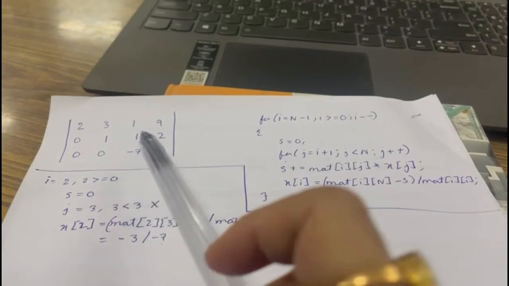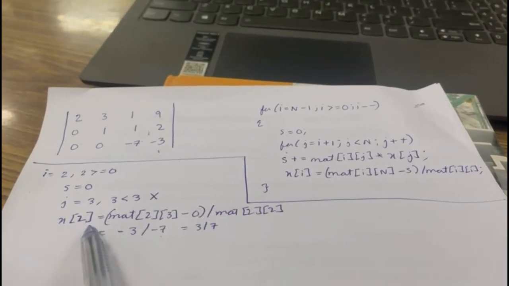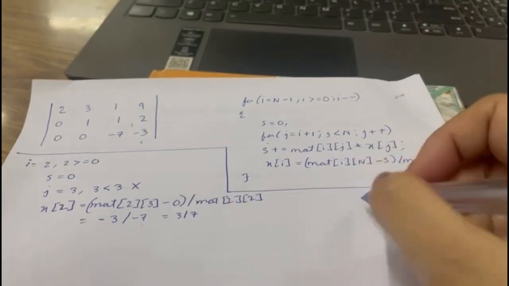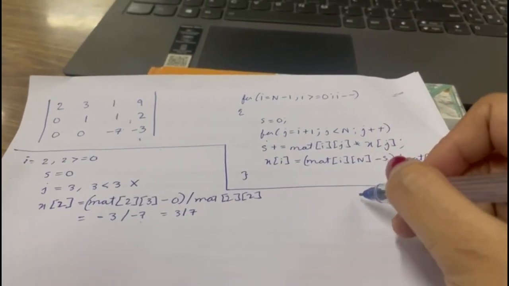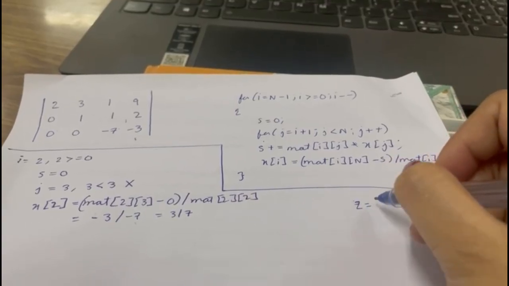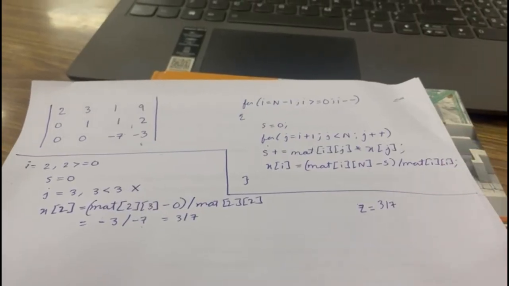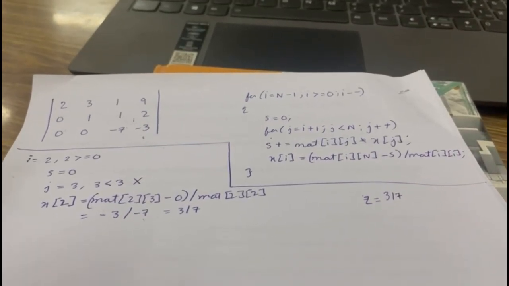What is mat of 2 2? Row 2 column 2, it's minus 7. So ultimately 3 by 7. So what is present in x of 2? x of 2 represents the value of z, by the way, in our system of linear equations. So the value of z, we got it as 3 by 7.